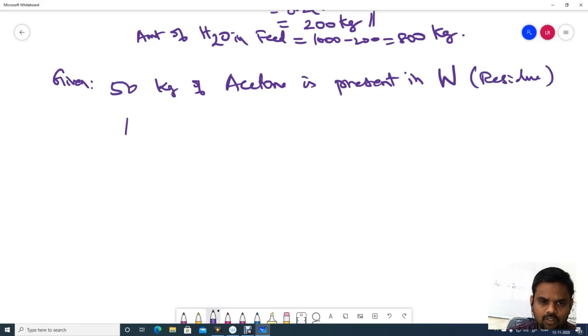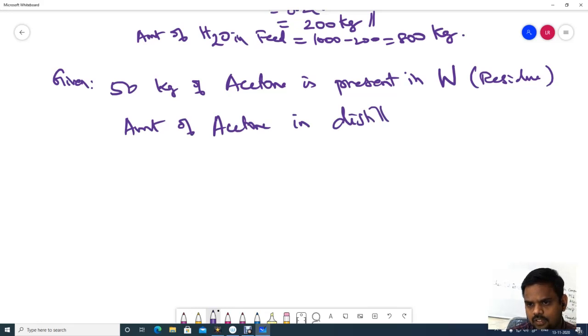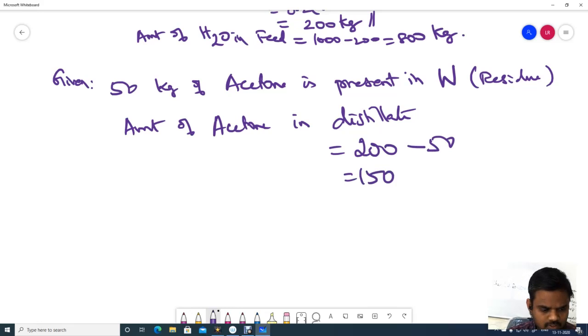So therefore the amount of acetone in distillate is 200 minus 50, that is 150 kg, right?